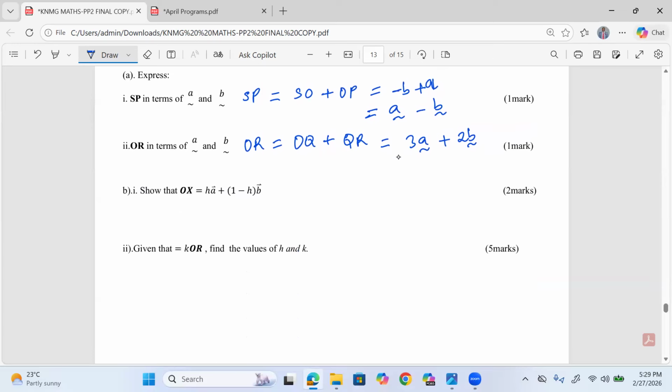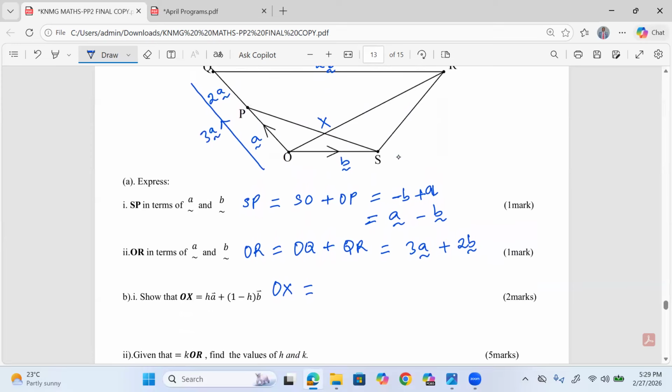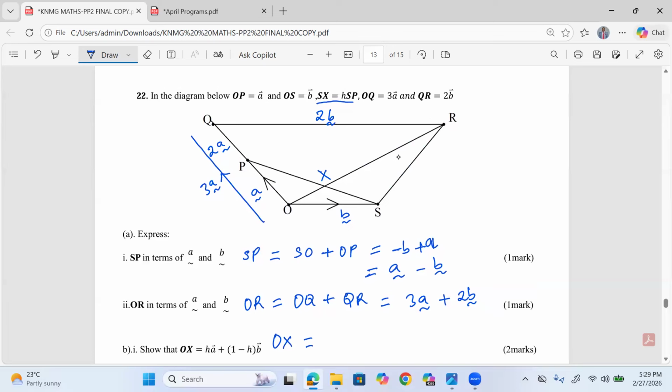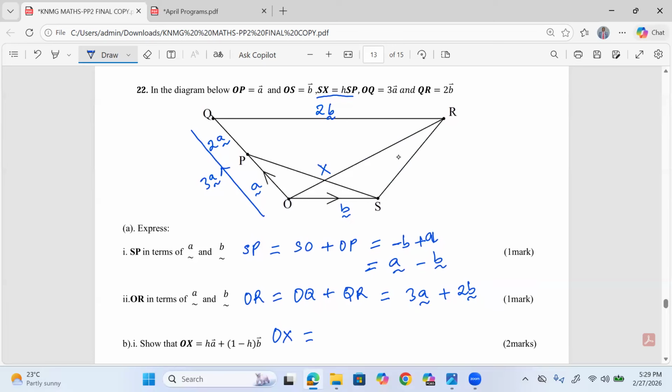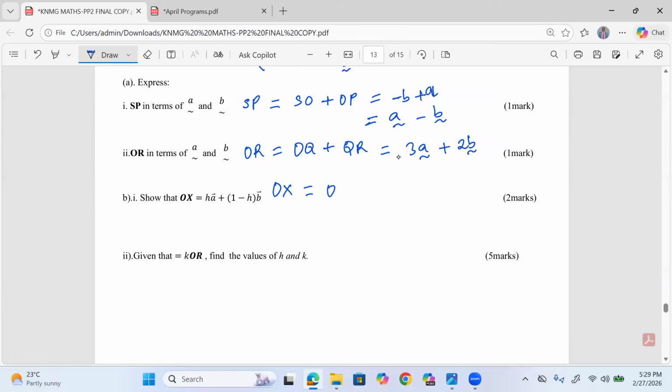So OX is equal to, we want to accommodate which vector? The vector that has H, and that is SX. So to contain SX, we need to talk about OS plus SX.